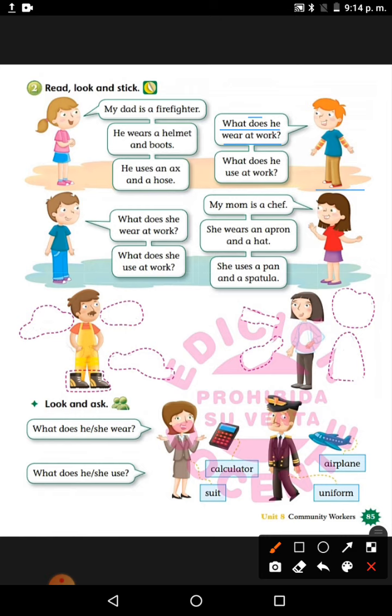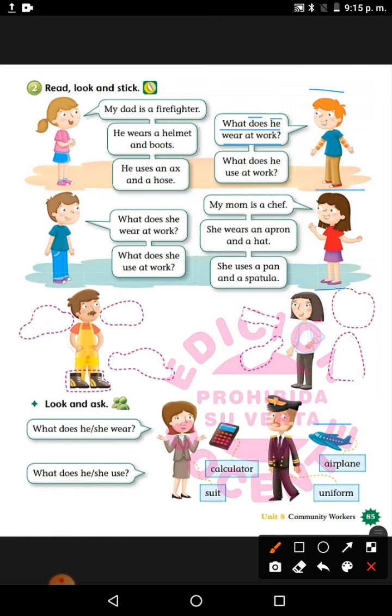And we are using a third person singular as the subject. We have three subjects as a third person singular. We have he, we have she, and it. It could be an object, an animal, or a thing.